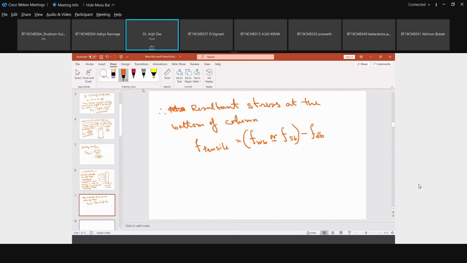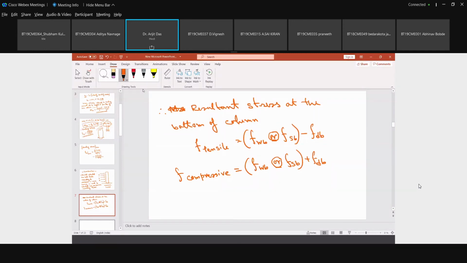Or we can write, if it is compressive, then we calculate the wind stress or the seismic stress separately, plus the dead weight stress, because it is also compressive. So their effect will be additive, and if these two are tensile, then the dead weight will be subtractive.